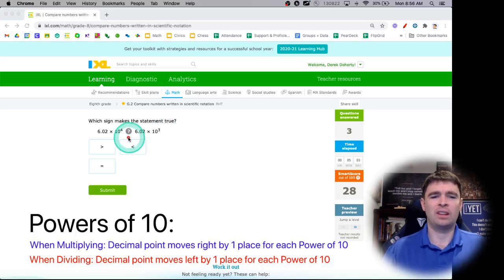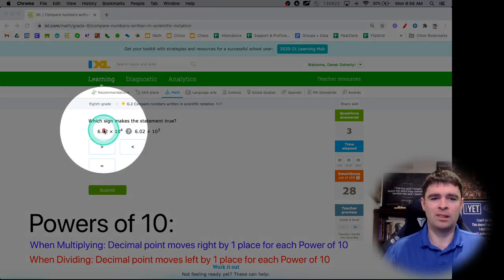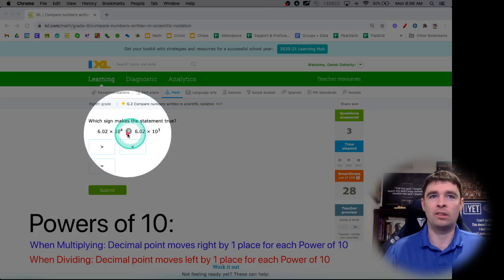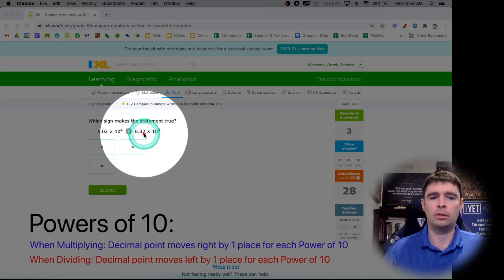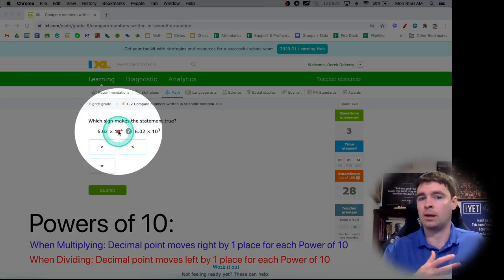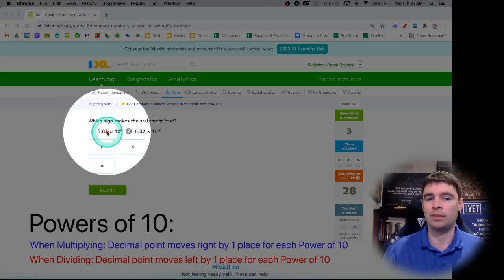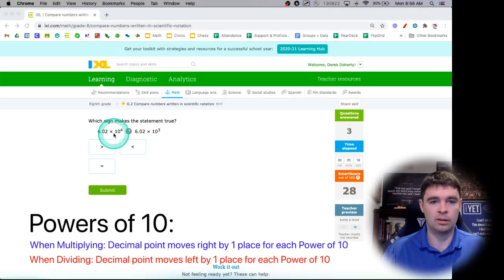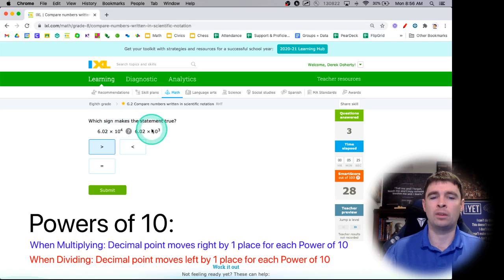In this case, all we really need to do is pay attention to the fact that they have the same coefficient. They're both 6.02, but this one's power of 10 is larger than that one. So if this has more powers of 10 multiplied and the coefficients are the same, then the left side is going to be larger for certain. So we would put this greater than symbol to say that 10 to the power of 4 is going to make 6.02 bigger than 10 to the power of 3.